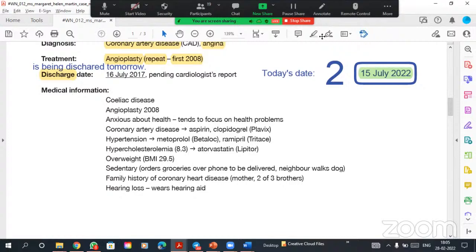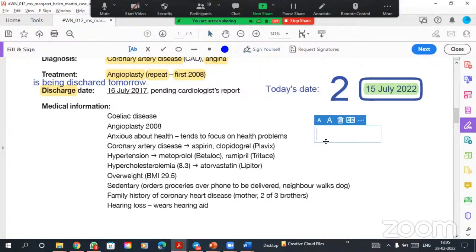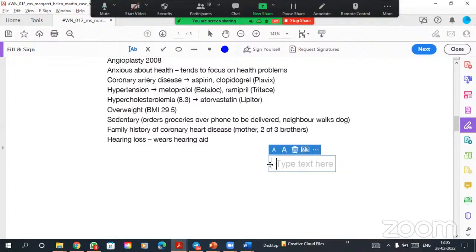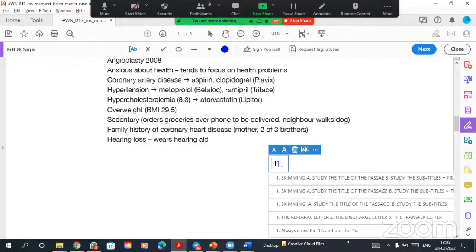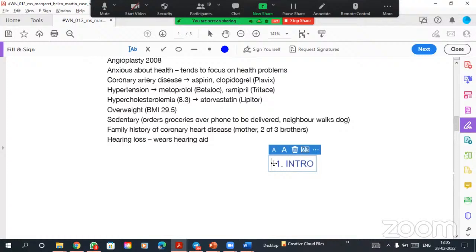So where can we write? Here we can write. Paragraph 1 is the introduction. Paragraph 2 is the problems or the medical conditions.